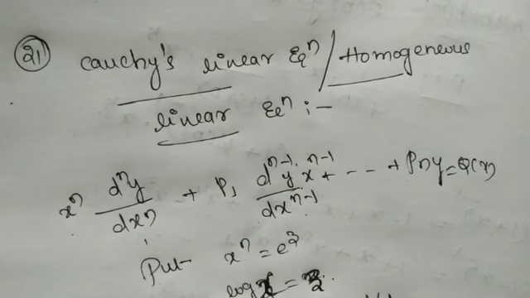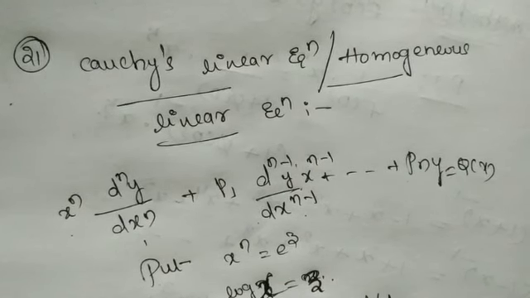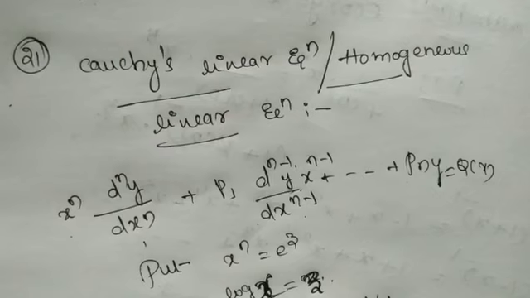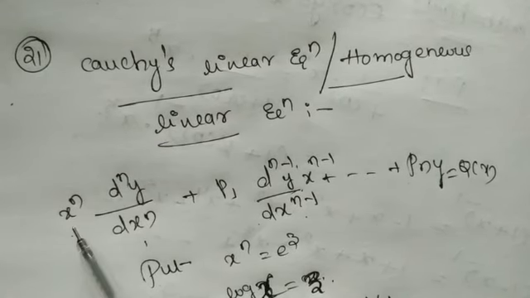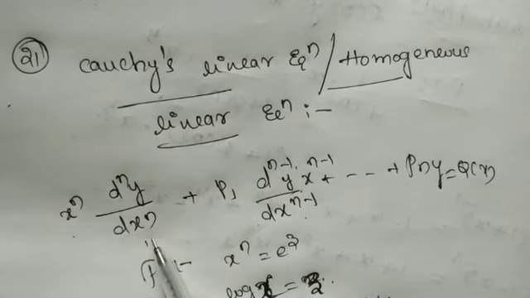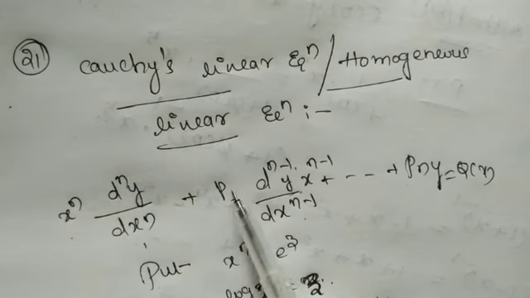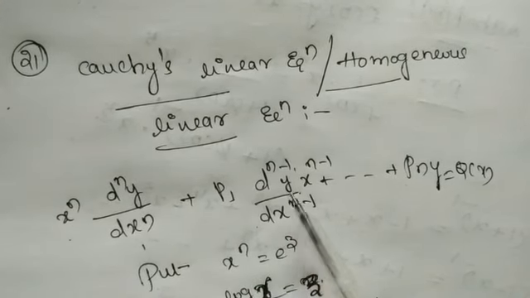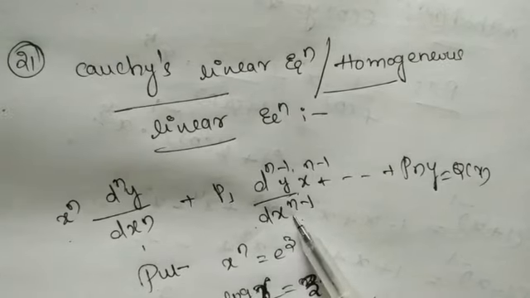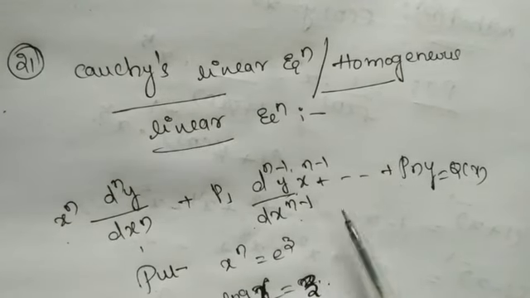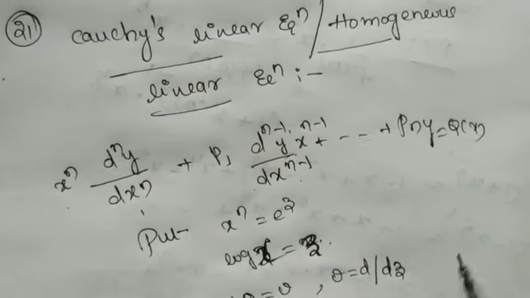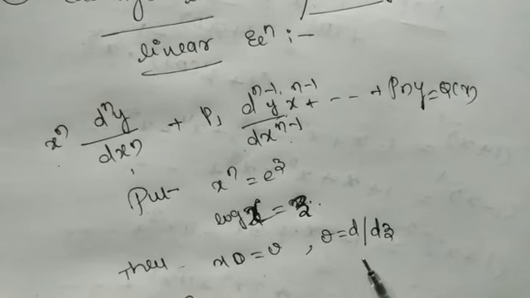Next, Cauchy's linear equation, or homogeneous linear equation. This equation is in the form x^n d^n y/dx^n + p1 x^(n-1) d^(n-1) y/dx^(n-1) and so on, + pn y = Q(x).